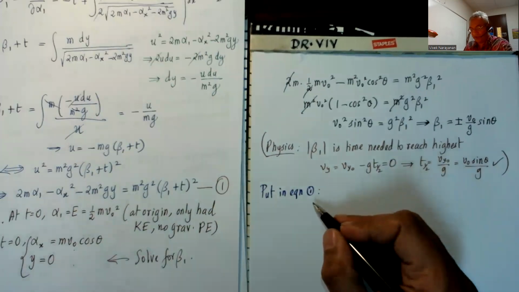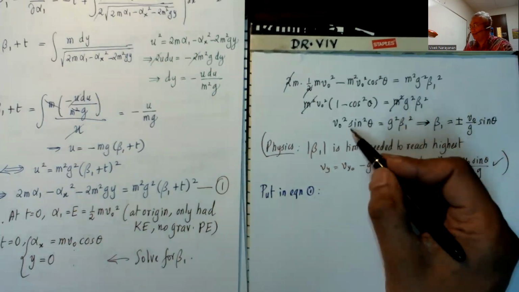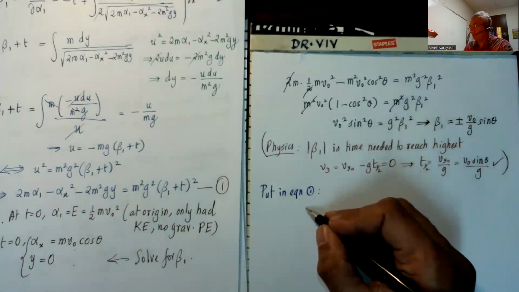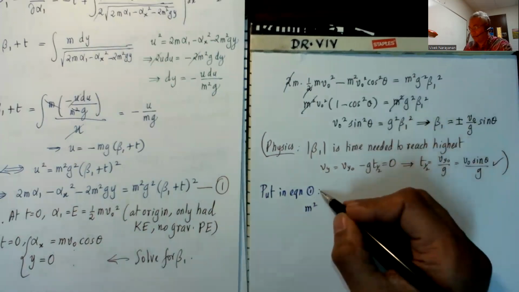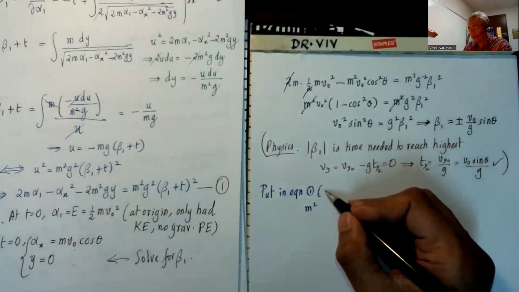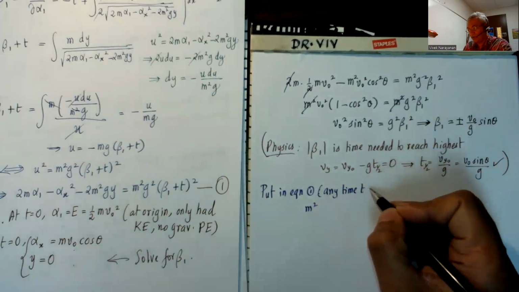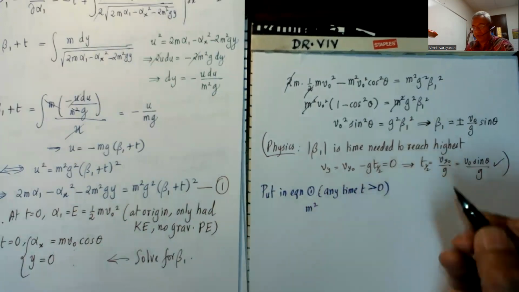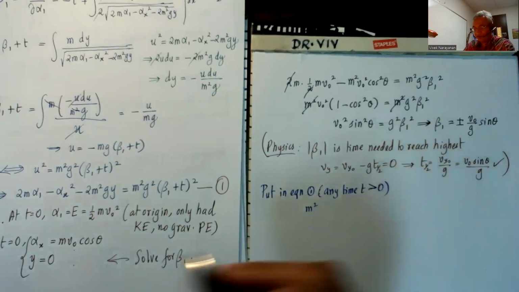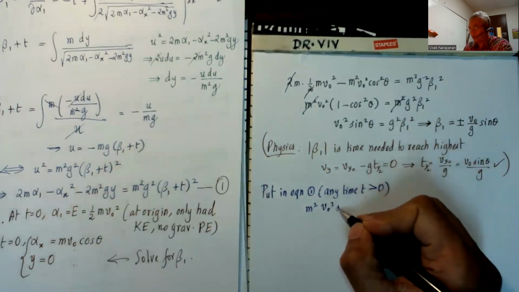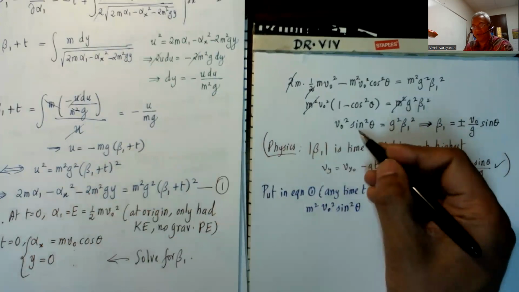So I'm going to get everything I had here. It's going to be m squared v naught squared for general time. This is not for 0 time, but for any time t greater than 0. So I get, just like before, m squared v naught squared sine squared theta from there.